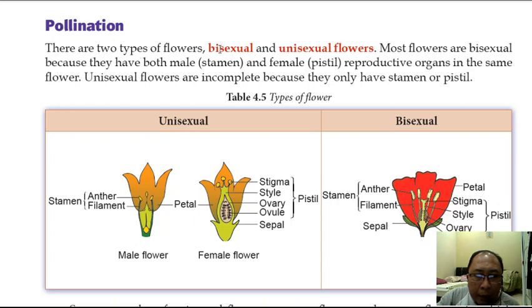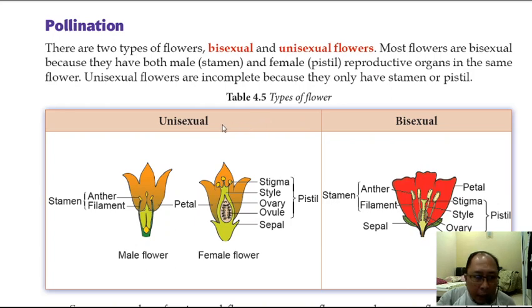Bisexual, bi means two. Two sexual means that one flower consists of both male and female reproductive organs. While uni means one, meaning that the flower only consists of one reproductive organ, whether male or female.